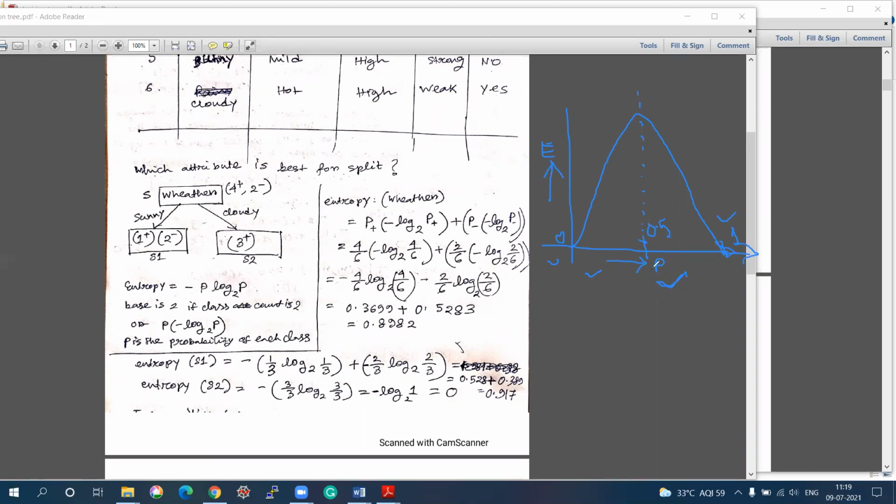And when we are getting 50-50 probability, when we are getting the probability value 0.5, then entropy value is highest, and this is denoted by entropy is 1. When we get a binary class split as 50-50 percentage, and we calculate the entropy value, that will give us the value 1.